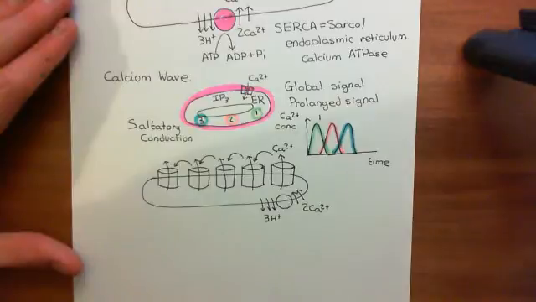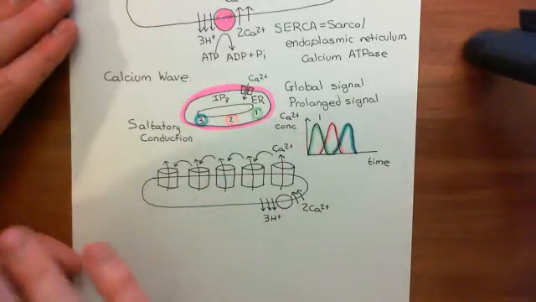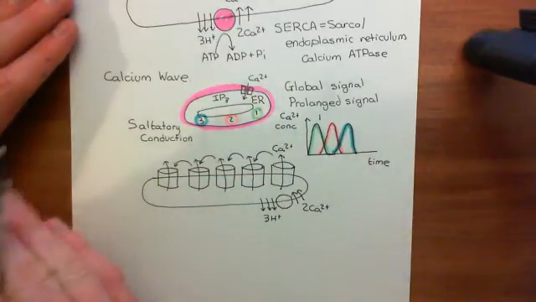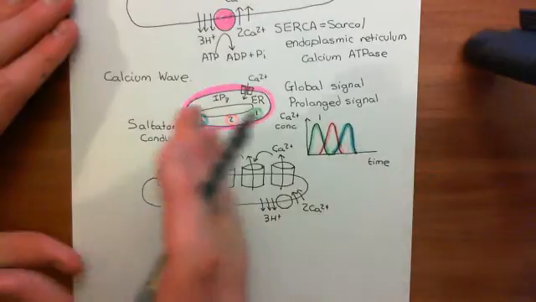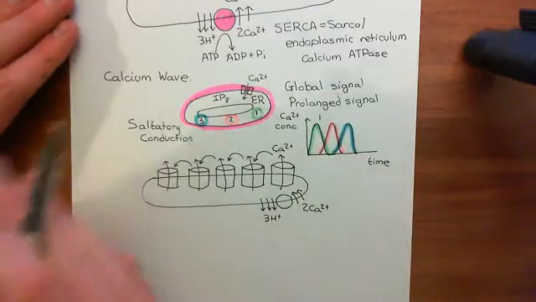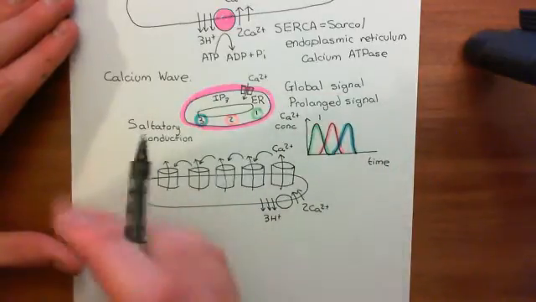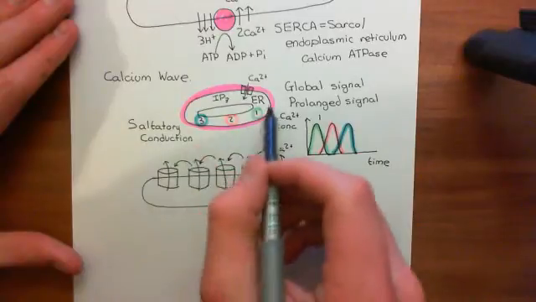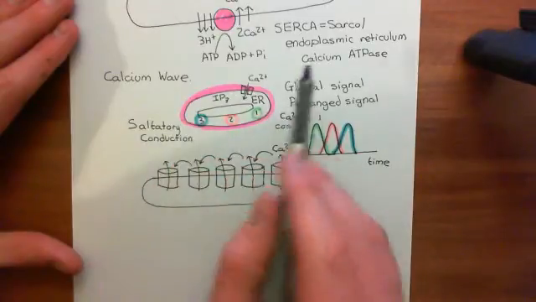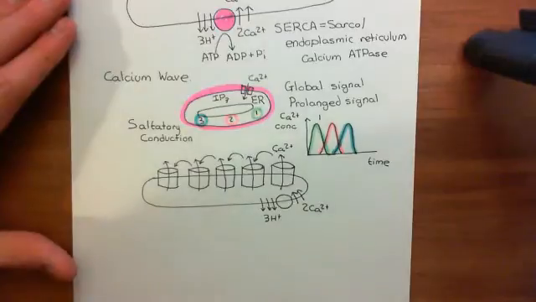Now, one more thing that is not understood at all is that you go round again, basically. You don't just fire one calcium wave, you then trigger another calcium wave, and another, and another. So the cell, as long as it maintains the global signal, will continue to fire calcium waves like so. Okay?